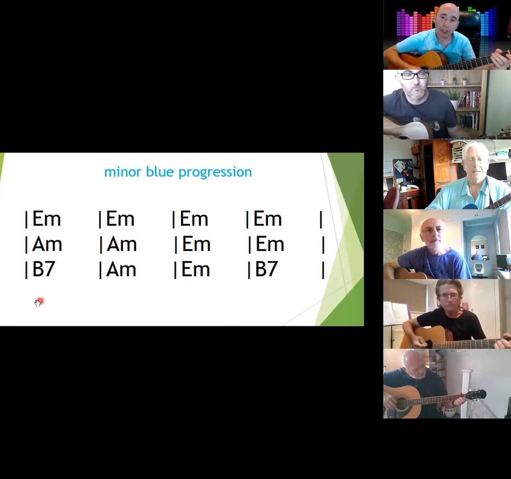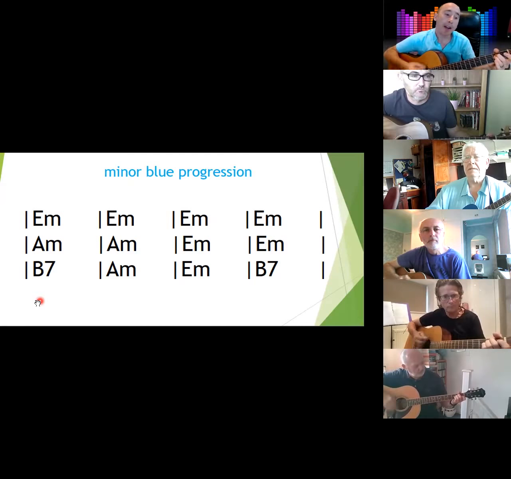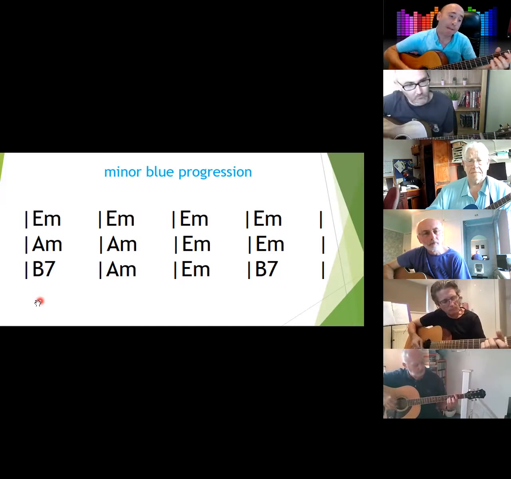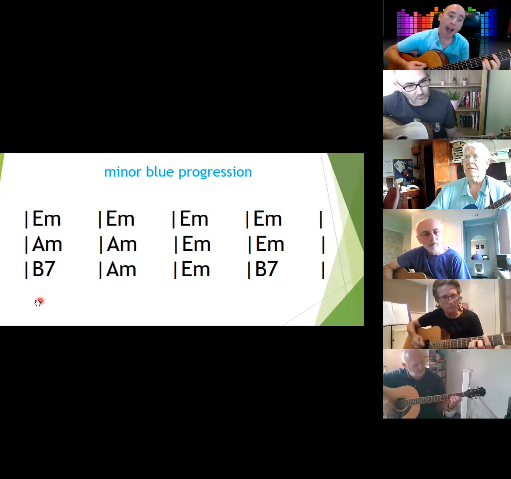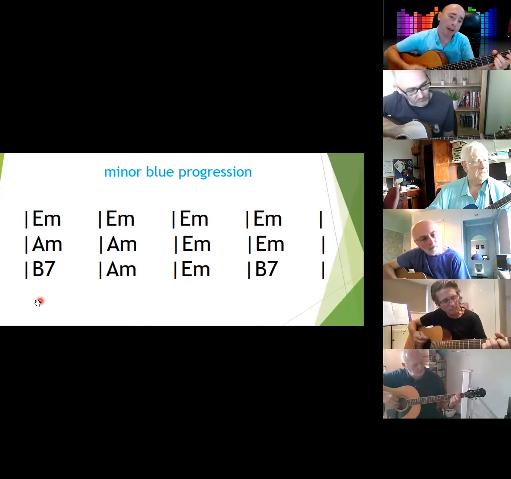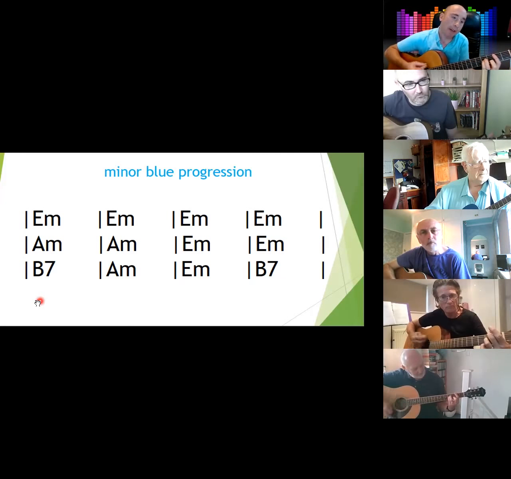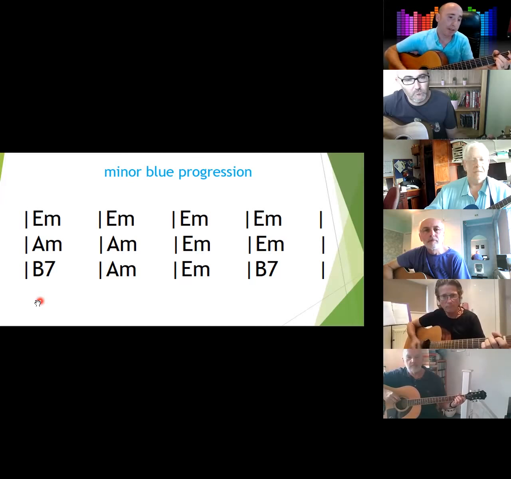So E minor. 1, 2, 3, 4, E minor. A minor. Back to E minor. And then B minor now. A minor. E minor. And then B minor, E minor, still works great, doesn't it?